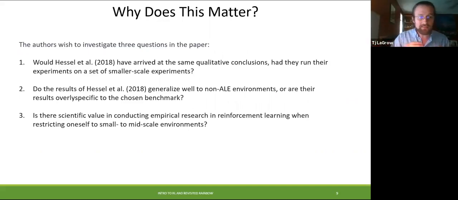And then is there specific value in conducting empirical research in reinforcement learning, where they restrict themselves to only small to mid-size environments? With these propositions, I'm going to go ahead and pause here before jumping into the 6 different flavors of DQN and how that might help to update.